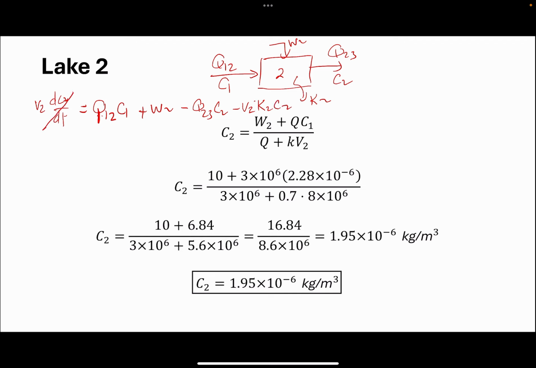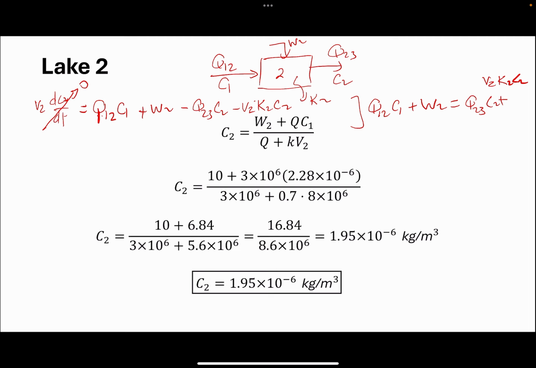Of course, this is equal to 0. And you could rearrange the whole thing as Q12 C1 plus load 2 equal Q23 C2 plus V2 K2 C2.